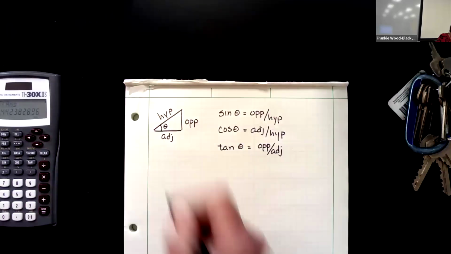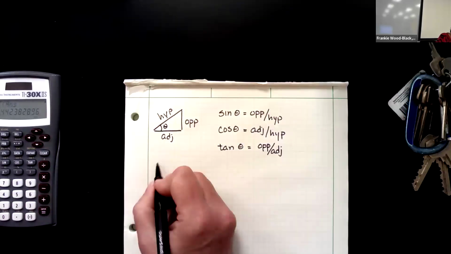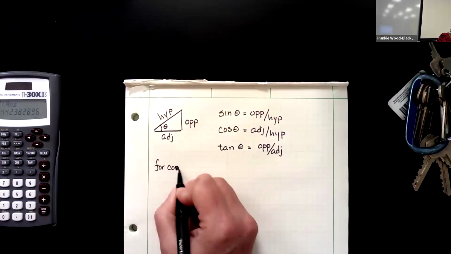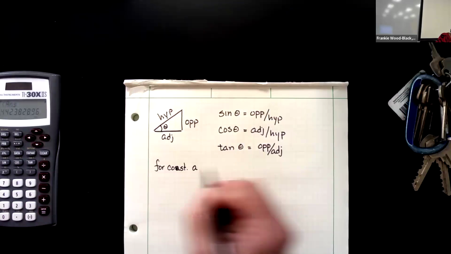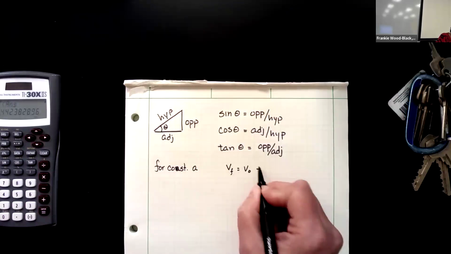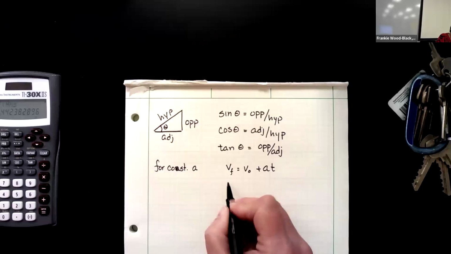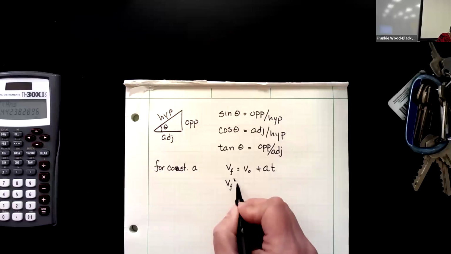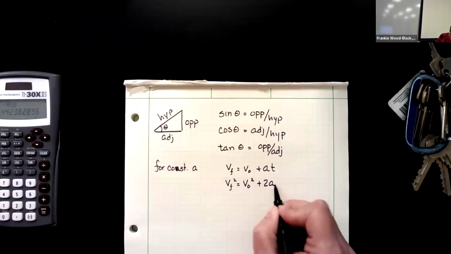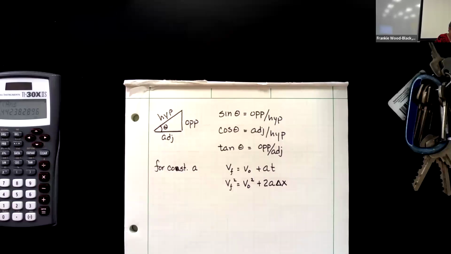Okay, we know that for a constant acceleration, we get V final is equal to V initial plus acceleration times time. We get V final squared is equal to V initial squared plus 2 times my acceleration times my change in position.